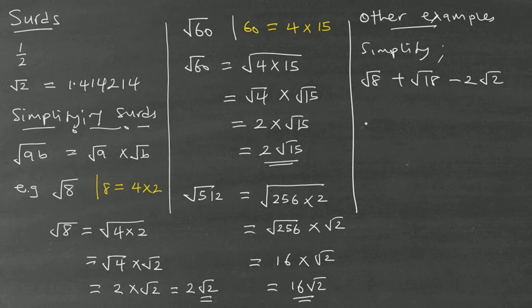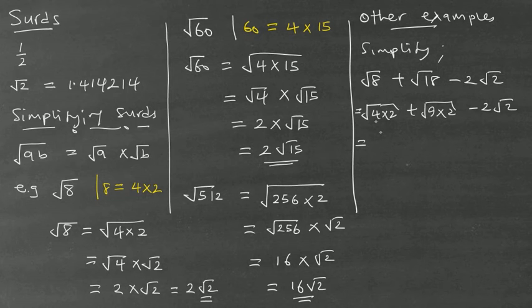What is root 8? Root 8 is the same as root of 4 times 2, plus, what is root 18? Root 18 is the same as root of 9 times 2, minus 2 root 2, which is it in its simplest form.